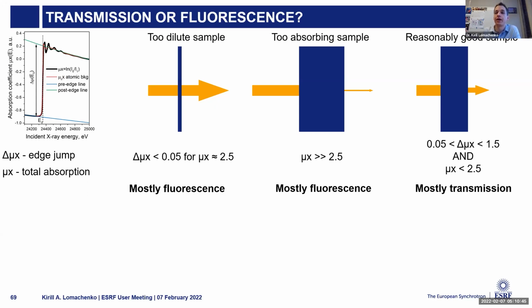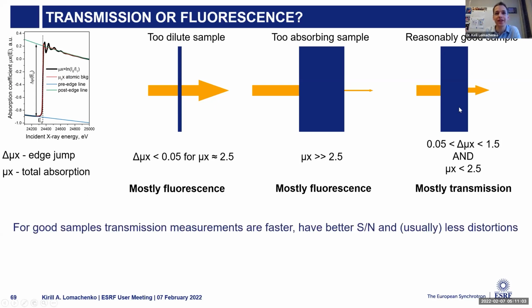And for all the rest of the samples, so when the edge jump is higher than 0.05 and the total absorption is lower than 2.5, you'd rather measure in transmission. That's what I call a reasonably good sample. So you should privilege transmission because the measurements in transmission are faster.